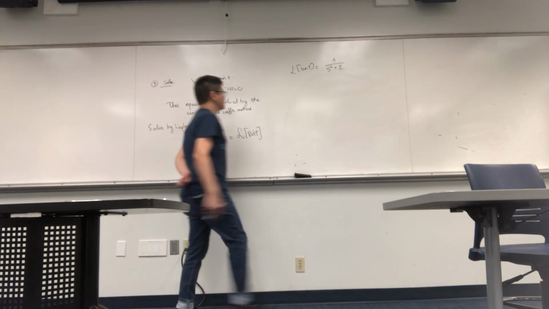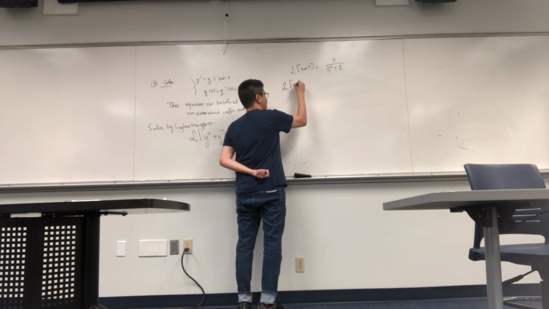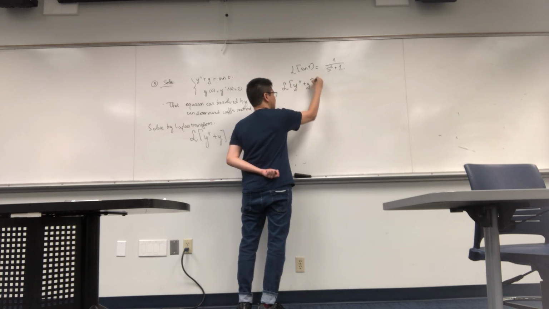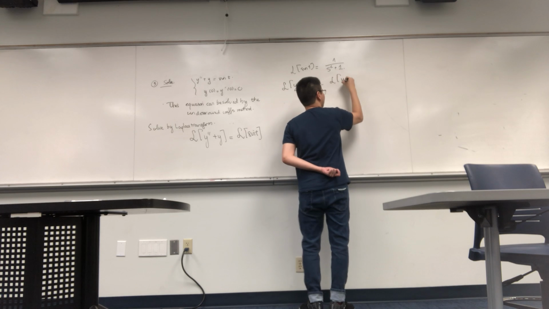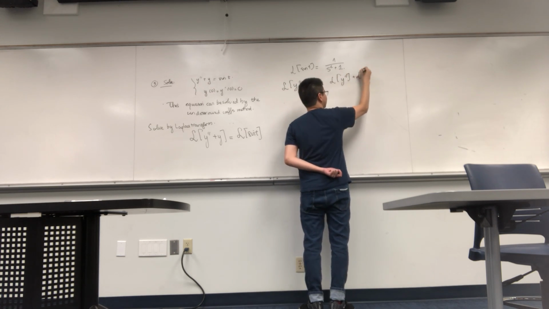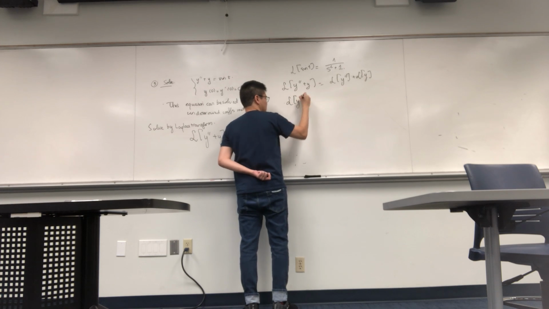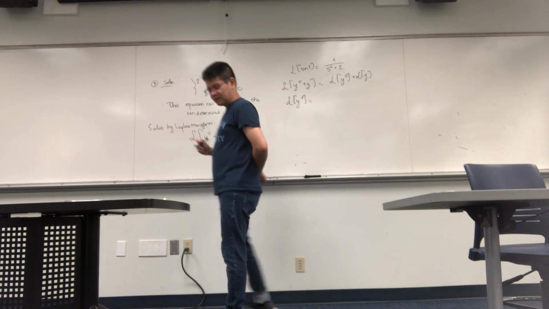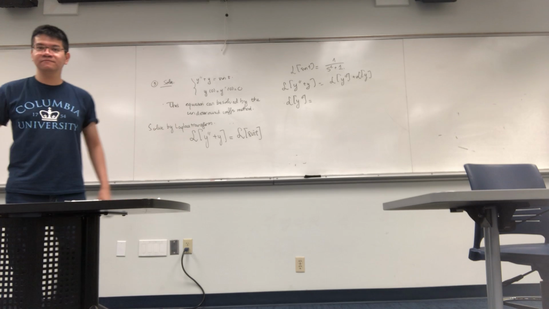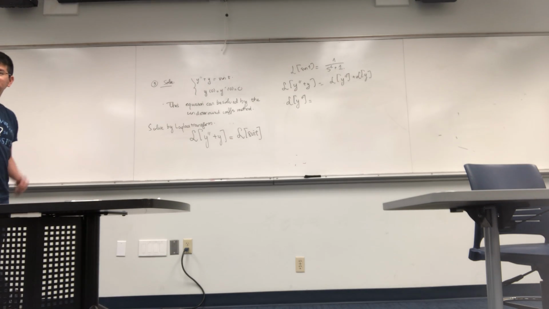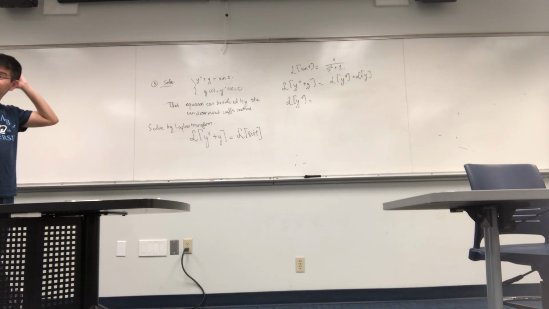Now, then you have the Laplace transform of y double prime plus y will be the Laplace transform of y double prime plus the Laplace transform of y. So what is the Laplace transform of y double prime? Yes? Is it s squared times the Laplace transform of y, because the other two are 0.